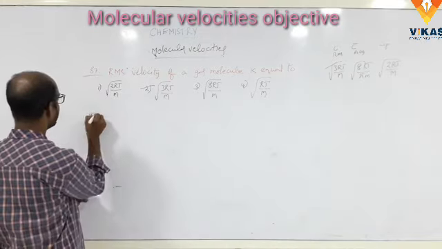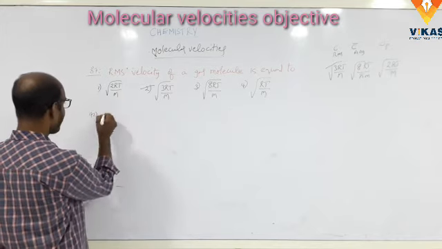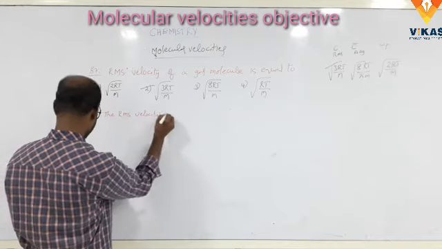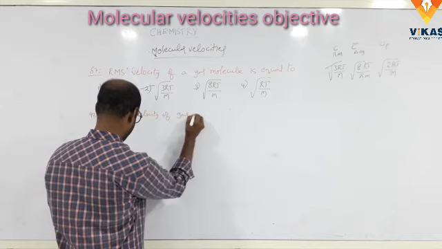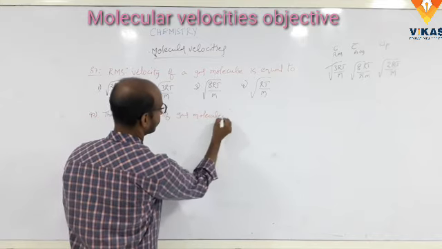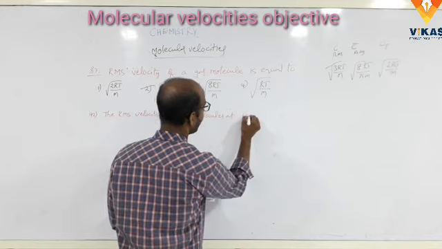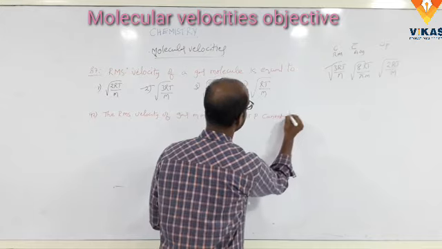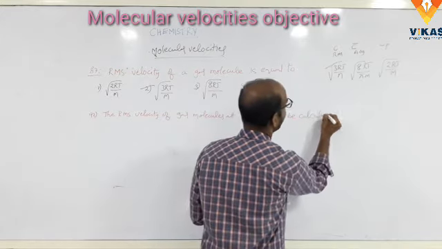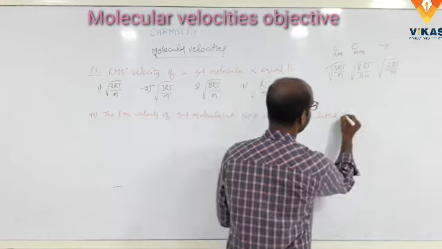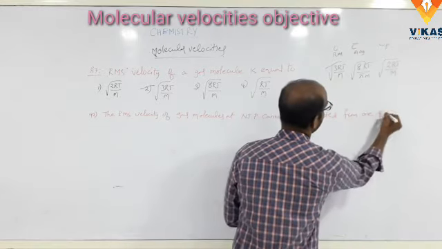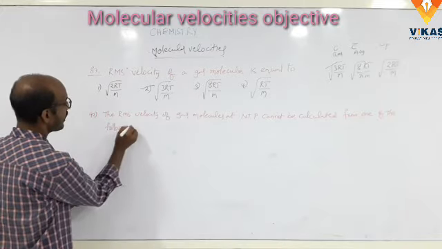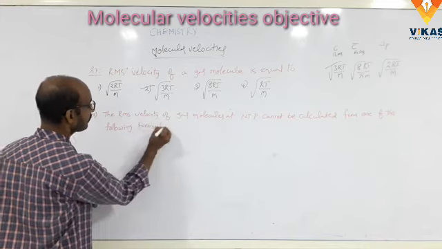Question 92. The RMS velocity of gas molecules at NTP, normal temperature pressure, cannot be calculated from one of the following formulas.